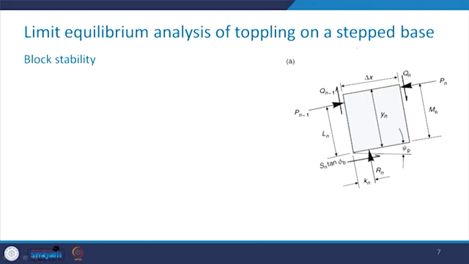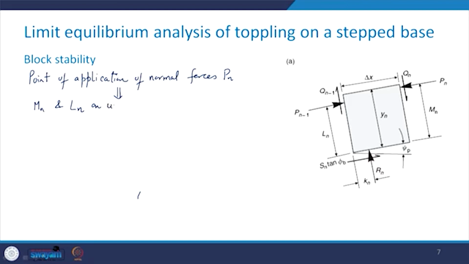Now in case of these toppling blocks, the points of application of the normal forces Pn are given as Mn and Ln, we have seen in the previous figure, on the upper and lower faces respectively.